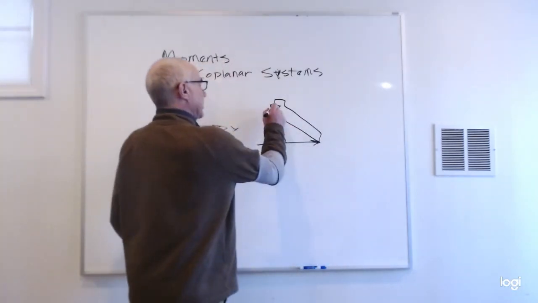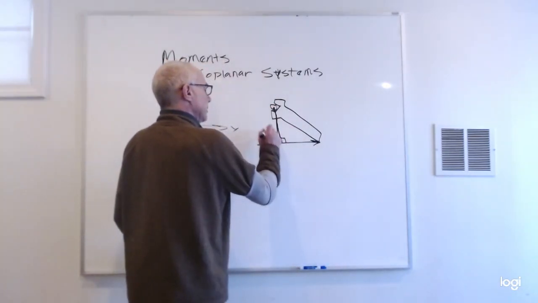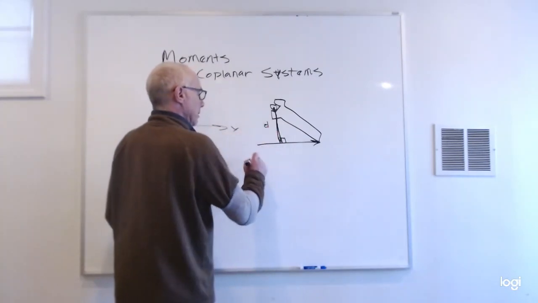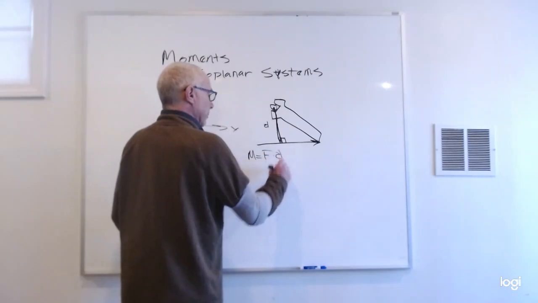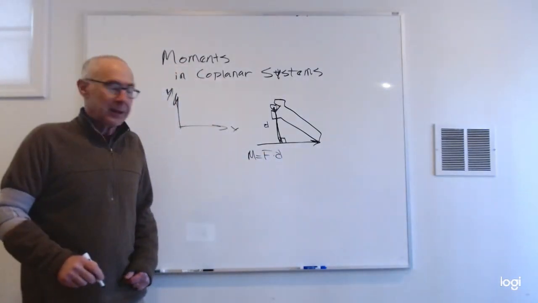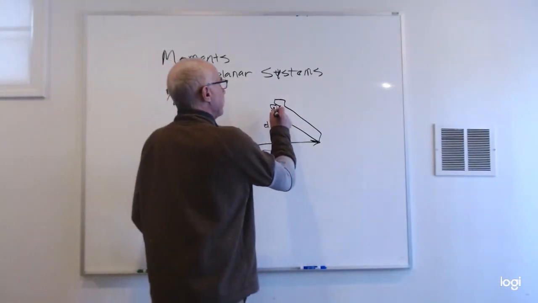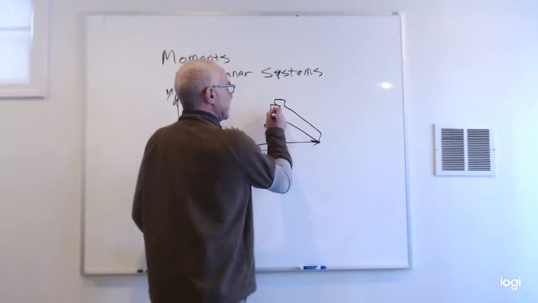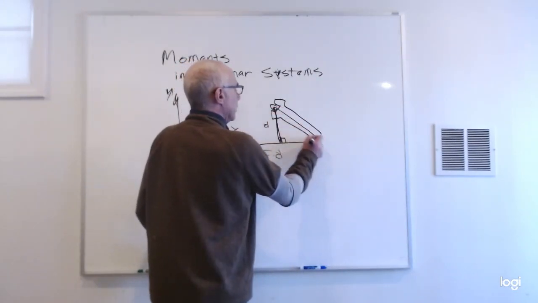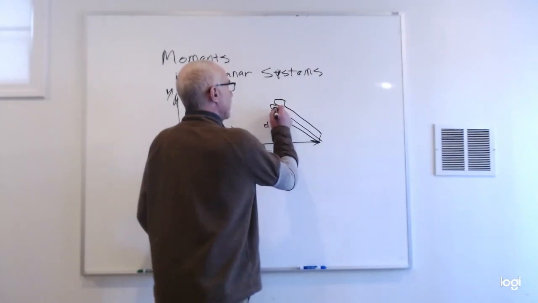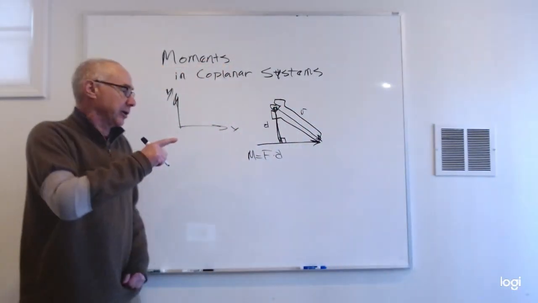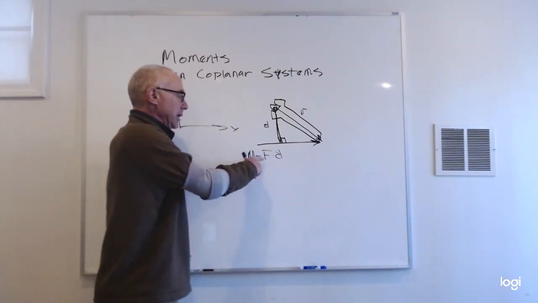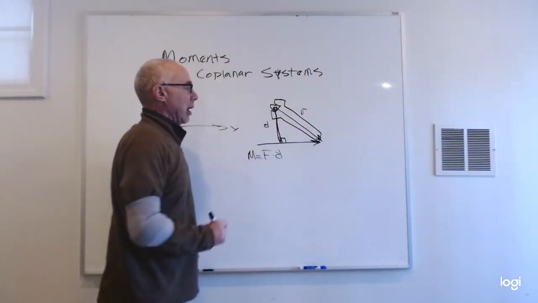So that's our perpendicular distance, D, and the magnitude of the moment equals the force times that perpendicular distance. We can also look at this from another perspective. If we know this distance, R, be careful, that's not the perpendicular distance. You cannot say M equals F times that R length.